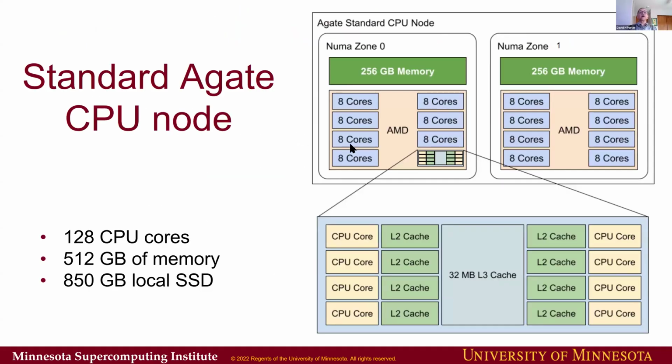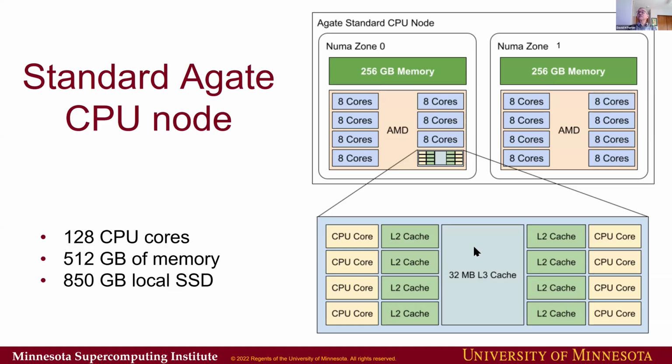look like this. They are these AMD nodes that have 128 cores in all, that are on 2 different processors, so 64 cores each. In turn, they have these banks of 8 cores within each processor that share a third level cache. Each one of these banks has a local third level cache, and they have second level cache as well.